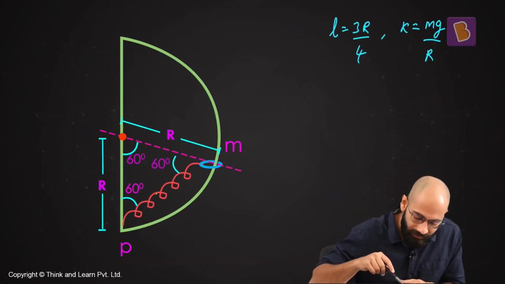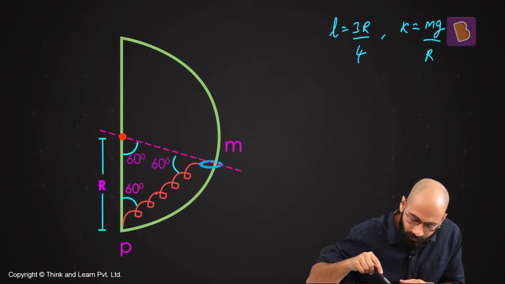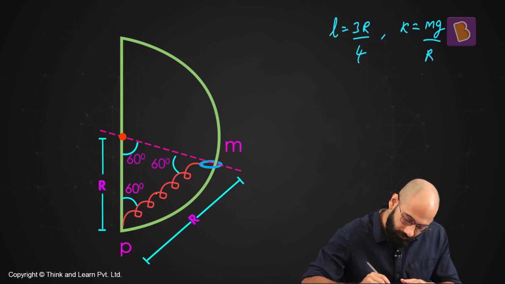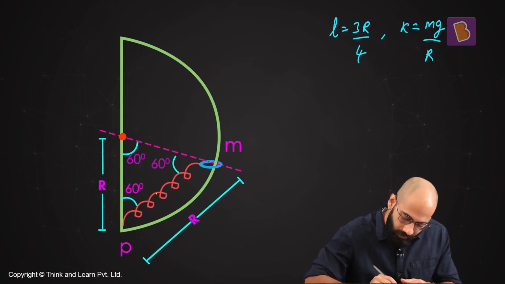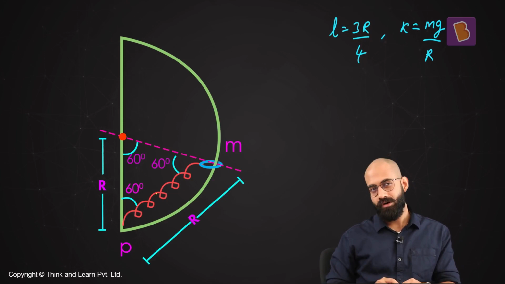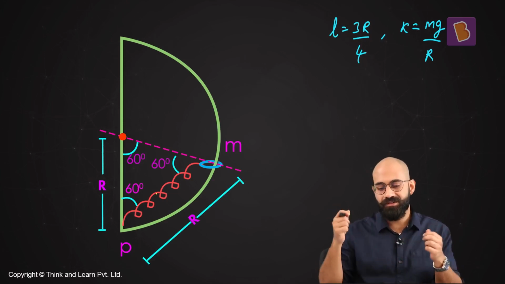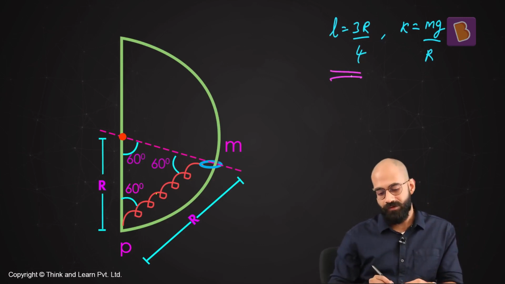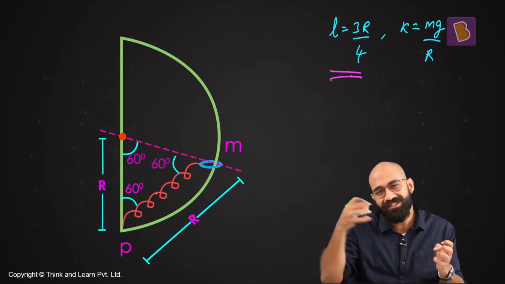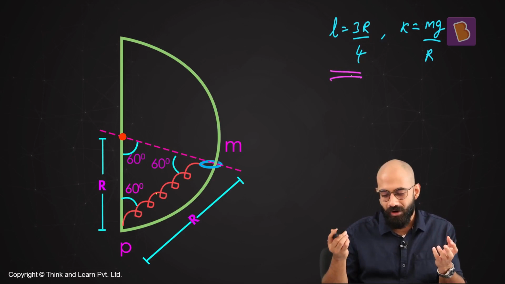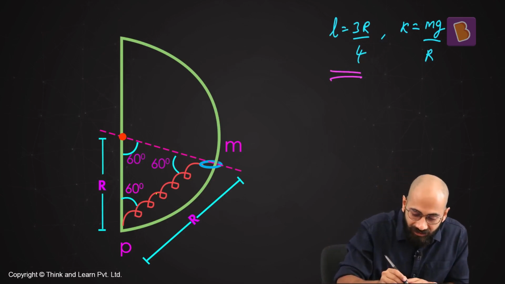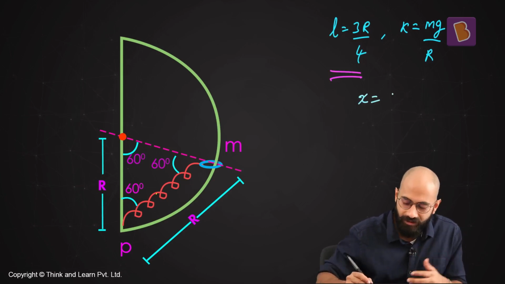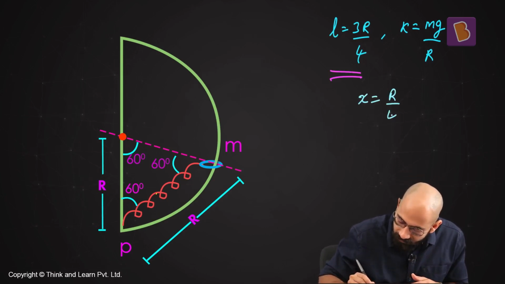So this tells us, let me just remove this to make it less confusing, that this length has to be r, which means that the spring is stretched, because we know that the natural length of the spring is 3r/4, and this length is r, which means that it's stretched. It's more than 3r/4, or its extension x at this instant, let's say x is that extension, is r/4, right?